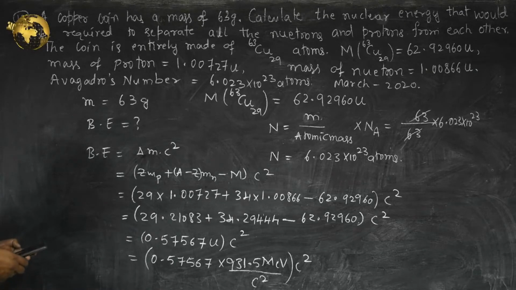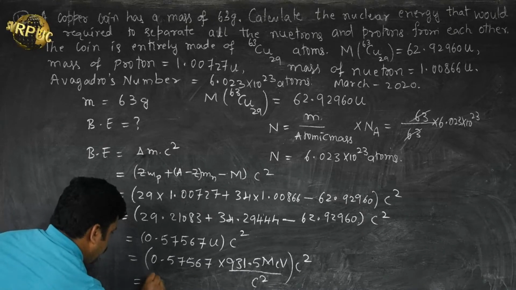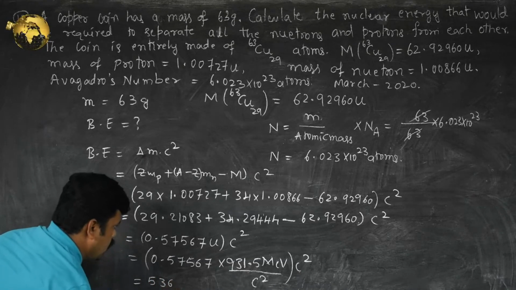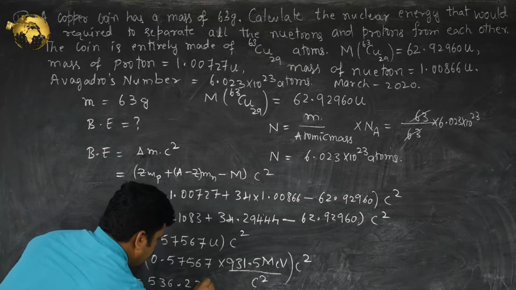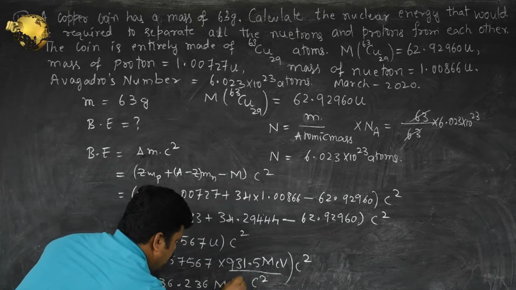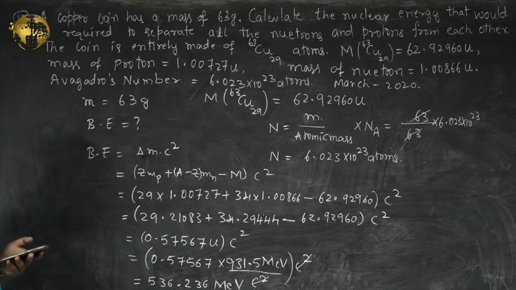So we get the final value of the binding energy as 536.236 mega electron volt. c squared gets cancelled out.